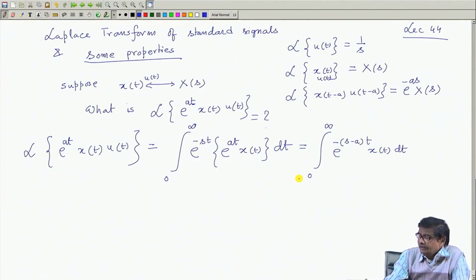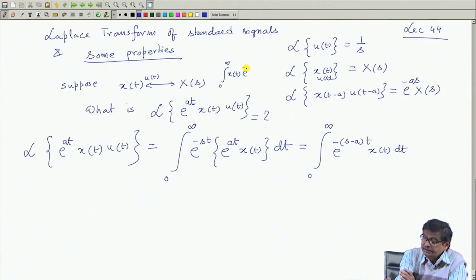Now, I have got the result: the integral from 0 to infinity of e to the power minus (s minus a) t x(t) dt. But I know that the Laplace transform of x(t) is X(s), which means the integral from 0 to infinity of x(t) e to the power minus s t dt is X(s).